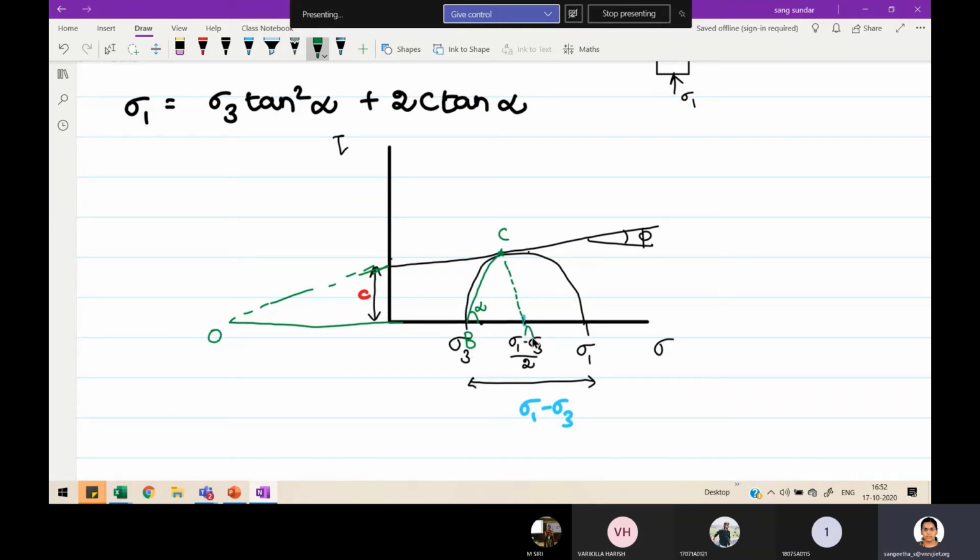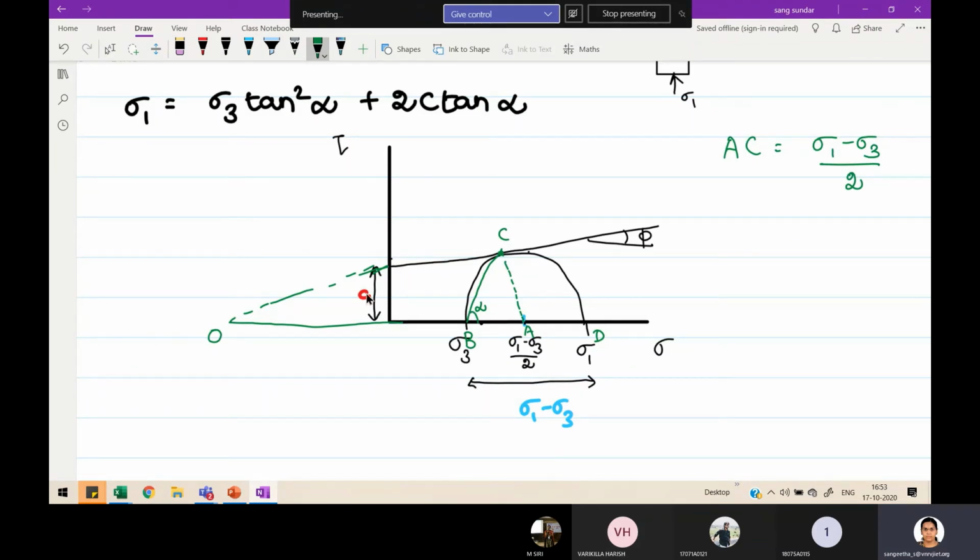Let this be A and this be D. Now you have constructed a triangle over here. What is AC? AC is the radius of Mohr's circle. So what's the radius of Mohr's circle? Sigma 1 minus sigma 3 by 2. So this is the radius of Mohr's circle.